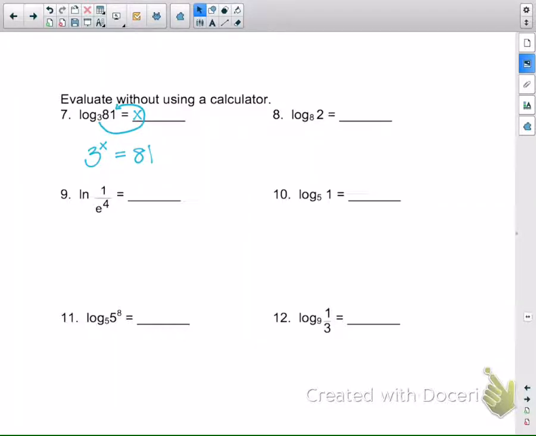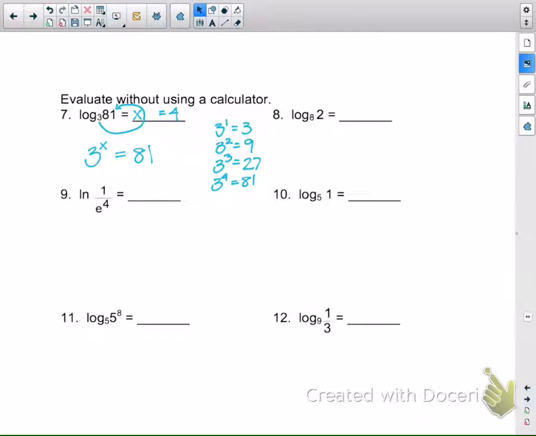If we think through our 3's, 3 to the 1st gives me 3. 3 to the 2nd gives me what? 9. 3 to the 3rd gives me 27. 3 to the 4th gives me 81. So my answer to this question is 4, because 3 to the 4th power gives me 81.